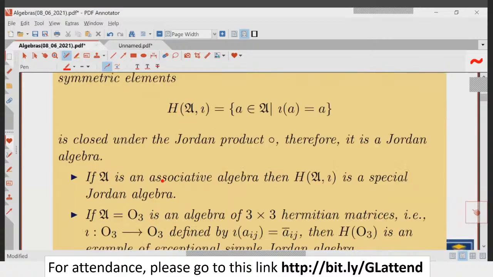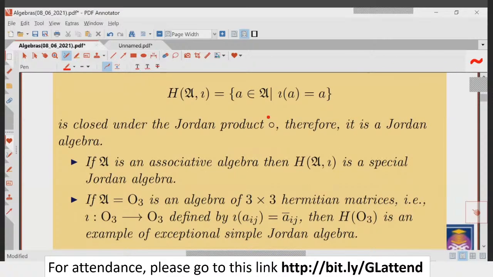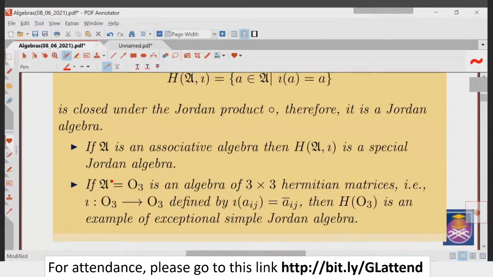Now, if A is an associative algebra, then this is a special Jordan algebra. If I take as A the 3 by 3 Hermitian matrices over the octonions, and as involution the conjugation operation, then H of O3 is an example of an exceptional simple Jordan algebra.